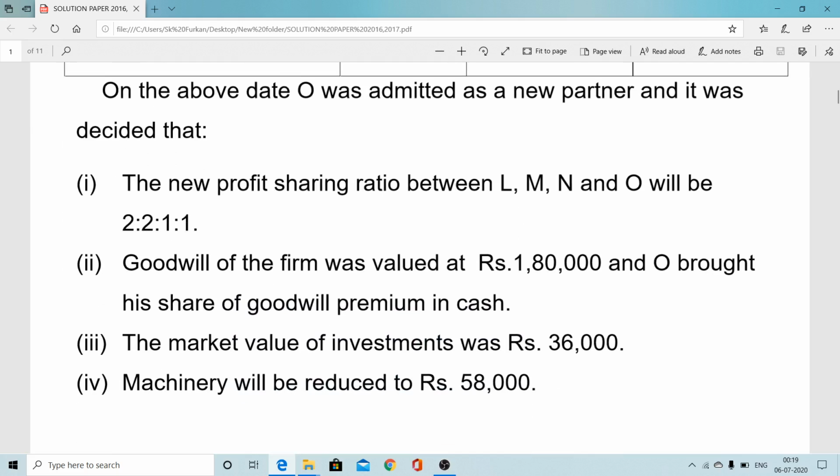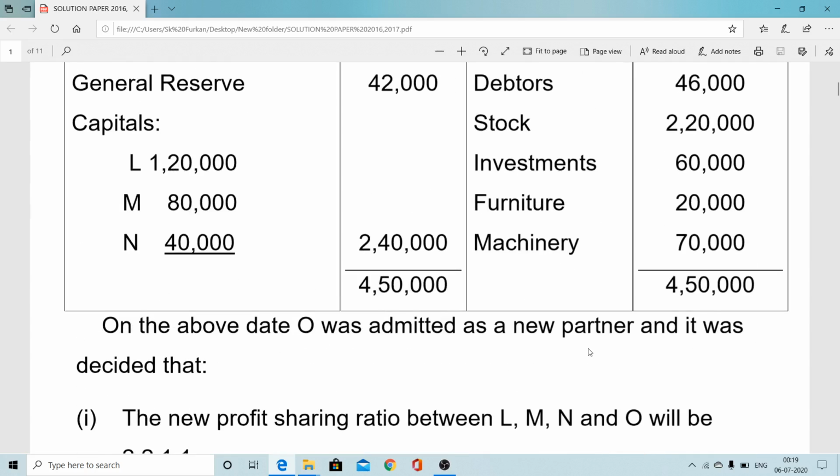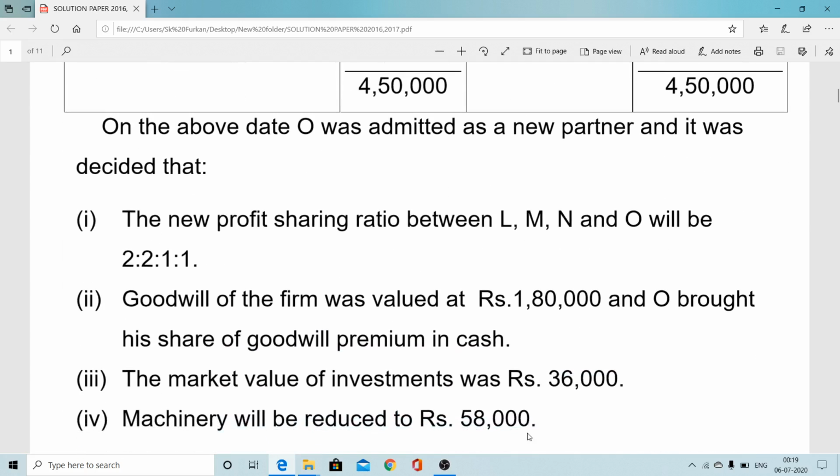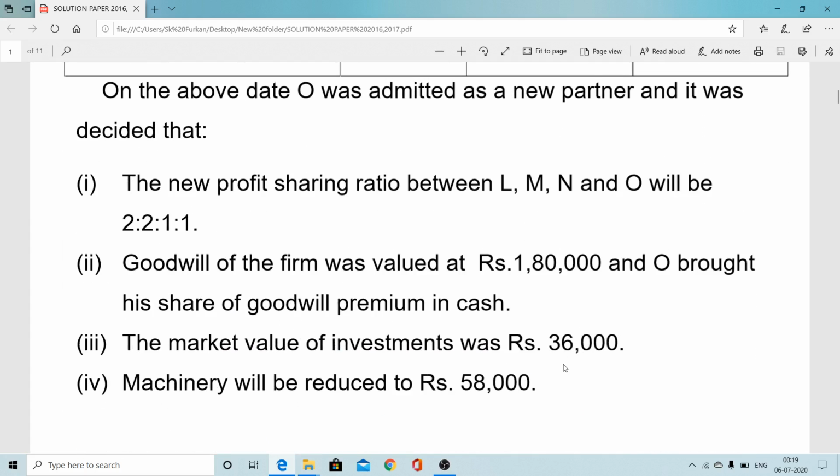So it is a bad investment. We can say the asset value decreases. As per the rule, the entry is revaluation account debit to investment account for the difference amount, that is 60 minus 36, 24,000 decrease.